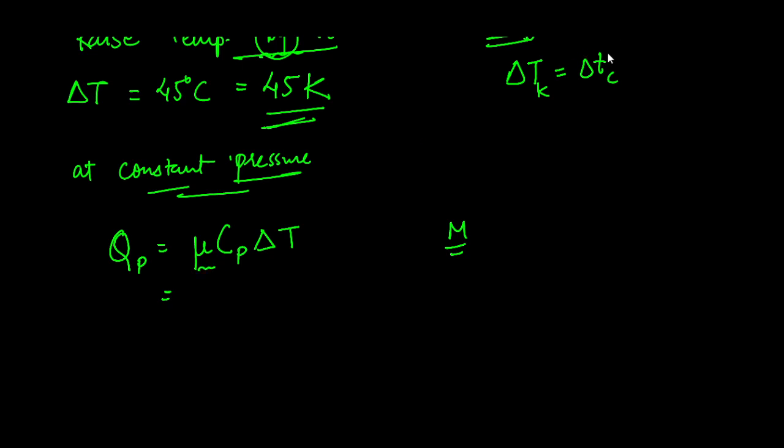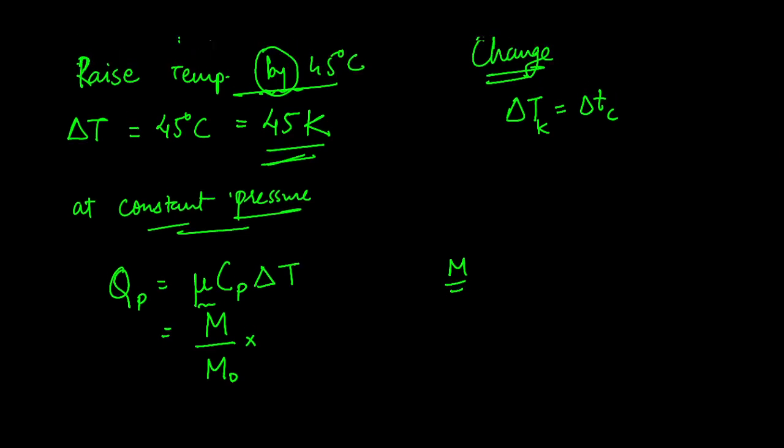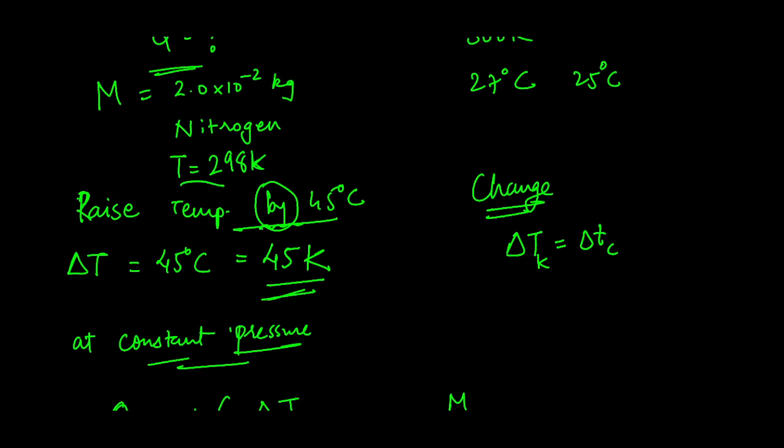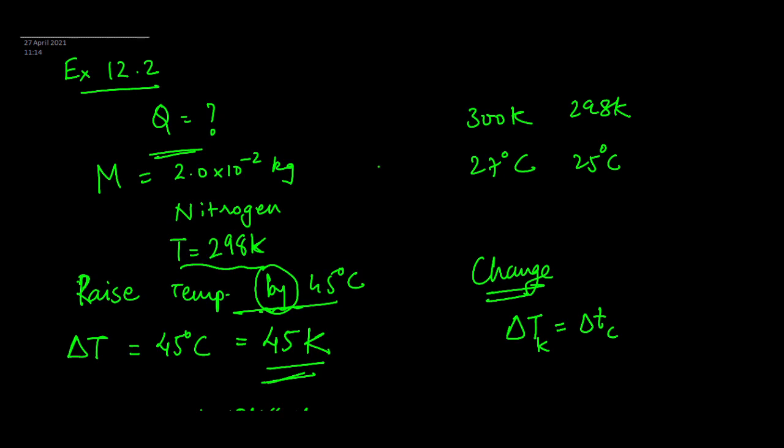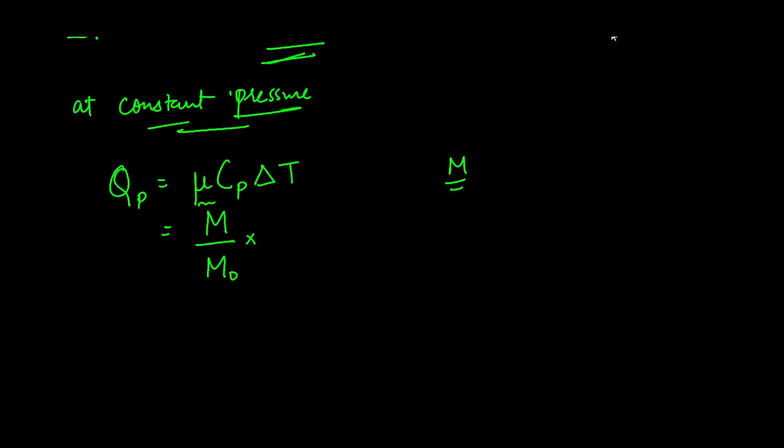What's the relation of mu with mass? I'll do it now, you are not answering quickly. Yes, m upon m0, right? Into Cp. Now this is nitrogen at this temperature, about 298, 300, 345. In what form is nitrogen at such a temperature: solid, liquid, gas? Yes, gas. So gas means N2. What is the molar mass of N2? That has to be put in here, right?